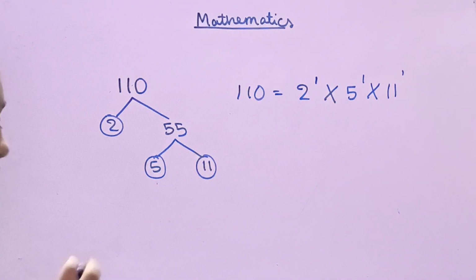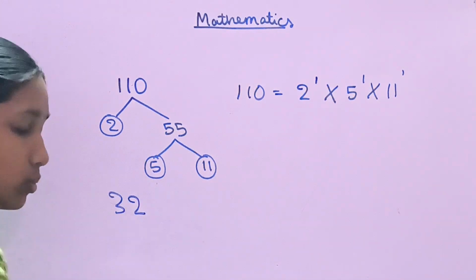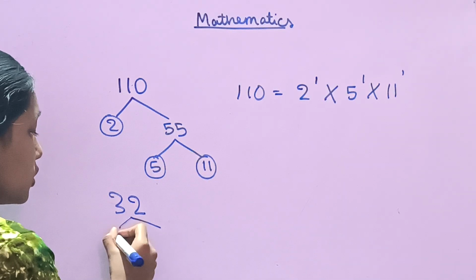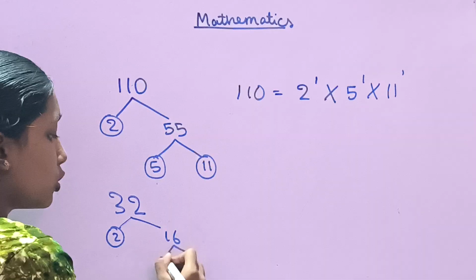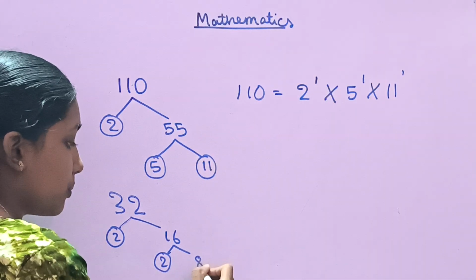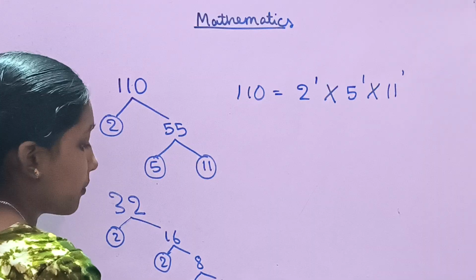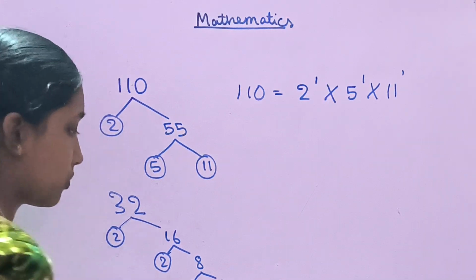We shall try this for another number, 32. 32 can be written as 2 into 16, 2 into 8, 2 into 4 and 2 into 2.